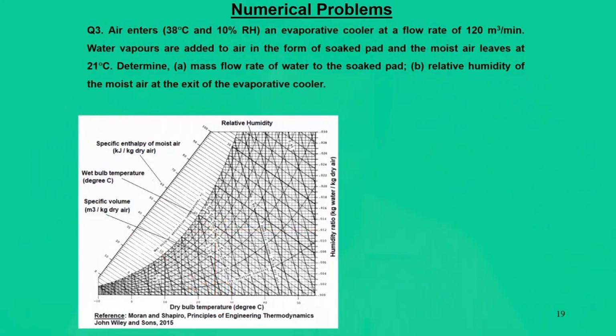The third question is on the evaporative cooler. This we also studied today. In this evaporative cooler, the concept is that the air is allowed to pass through a soaked pad in which moisture gets added into this air, and the moist air exits from the evaporative cooler.